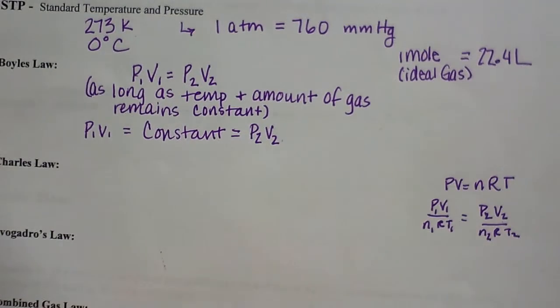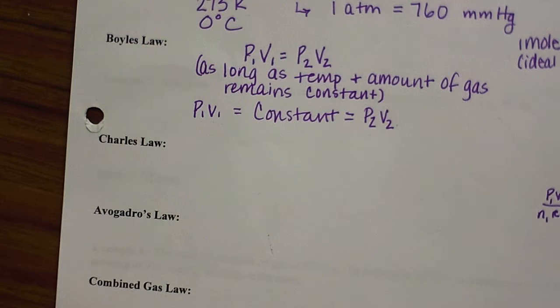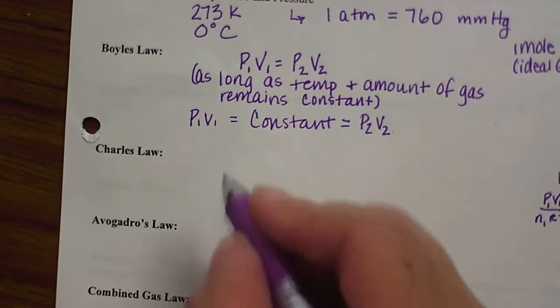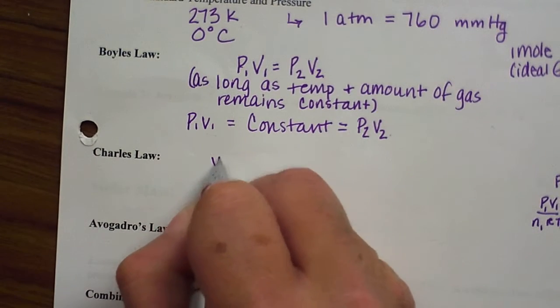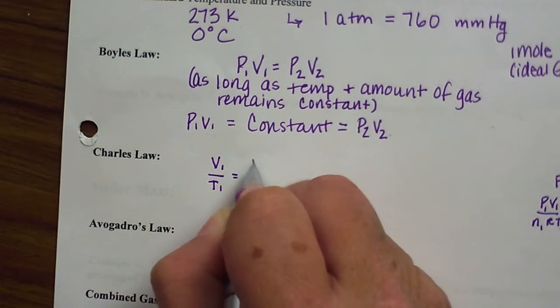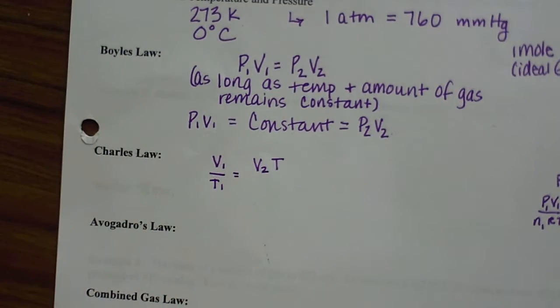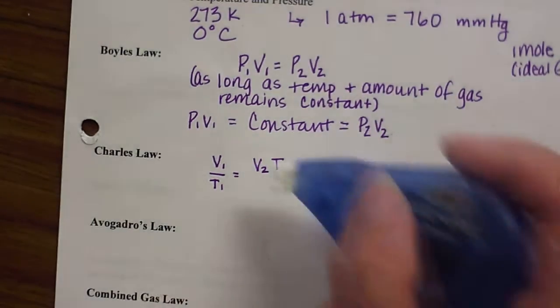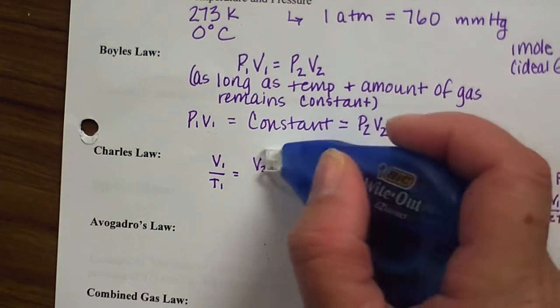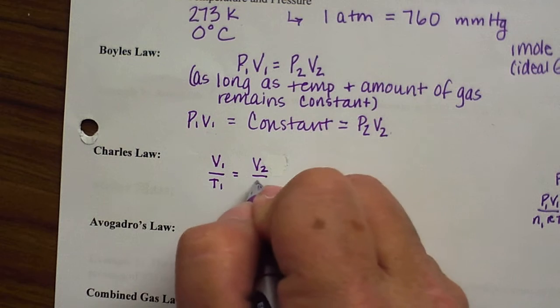Now let's look at Charles' law. We'll just set this to the side for now, and we're going to look at Charles' law. So Charles' law is volume 1 over temperature 1 is equal to volume 2 over temperature 2. All right?